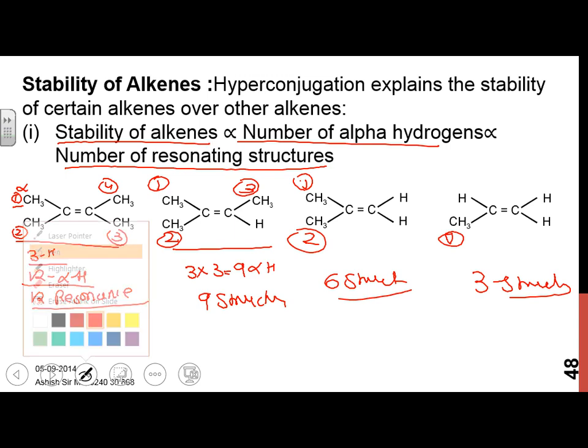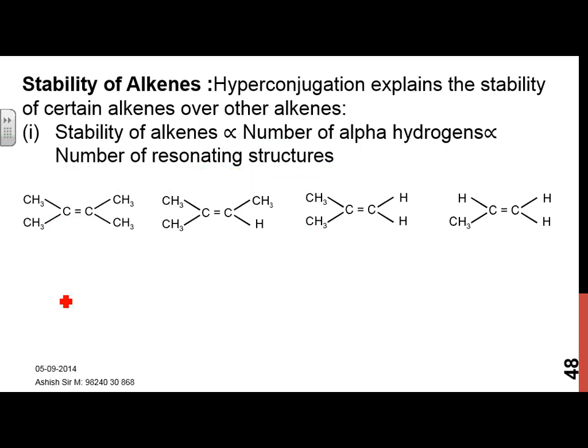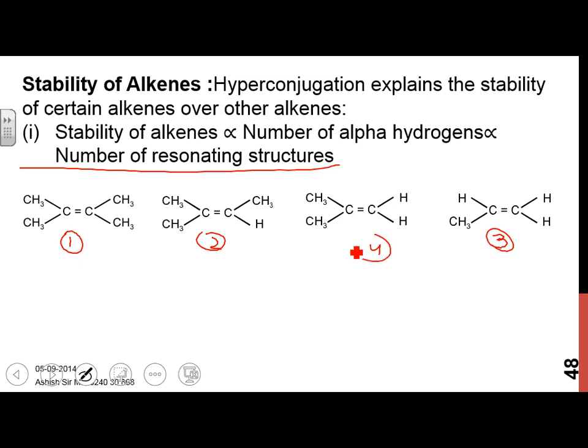How do they ask in the exam? They'll reshuffle these and give the numbering. Arrange them in increasing or decreasing order of stability or reactivity. As far as stability is concerned, this is most stable and this is least stable.